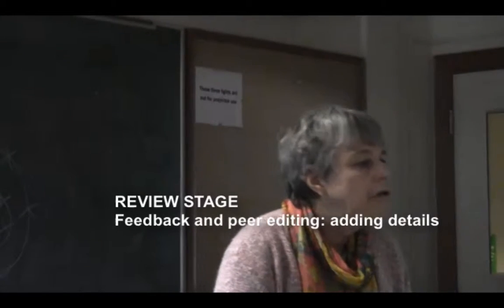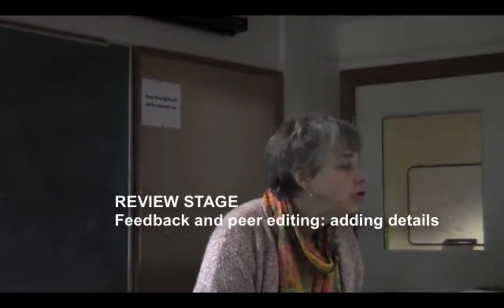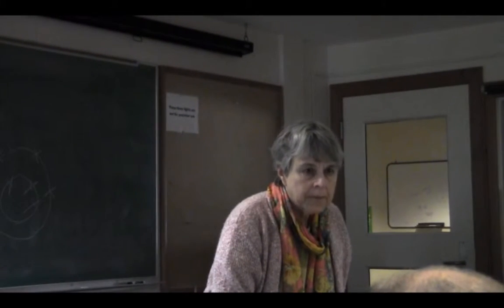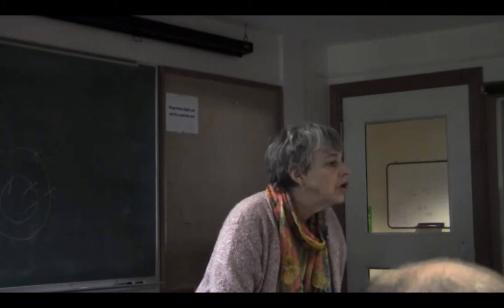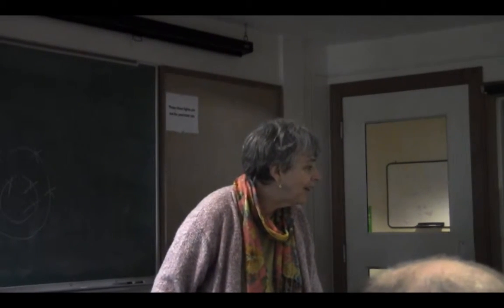So we'd like you now to hand your paper to your neighbor. Get a partner. And read your partner's paper, and here's what I'd like you to do. Don't worry about grammar, don't worry about punctuation. This is thinking about what the person is saying about the item.